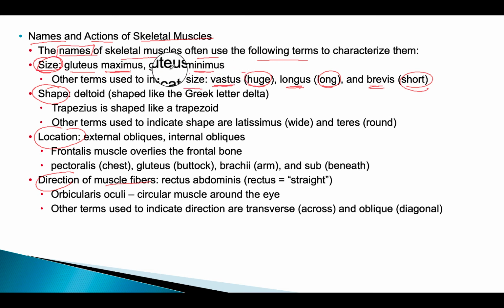If you go to the gym and say you're working on your glutes, this is basically the buttocks. We have the big muscles, the small muscles, and also the medium size, gluteus intermedius. So those are the muscles of the buttocks.